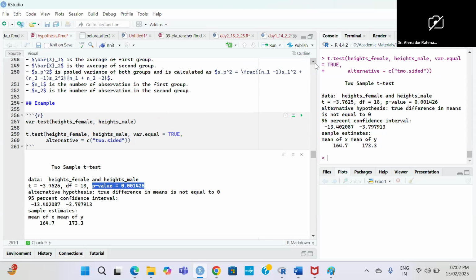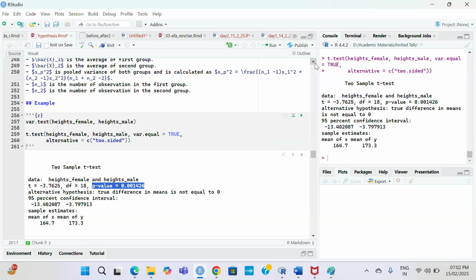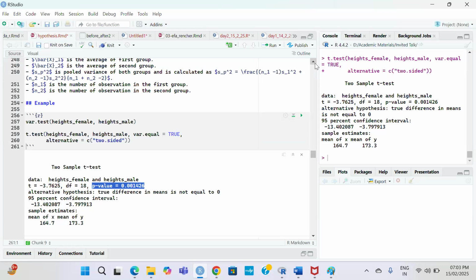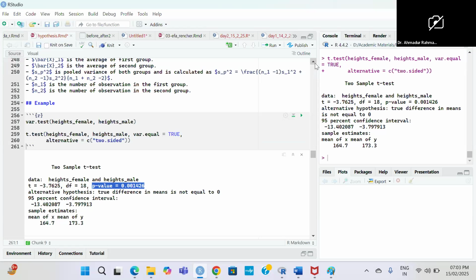Anyone? The p value is less than 0.05 actually. Yes, it is less than 0.05. Then what is the conclusion? So we should reject the null hypothesis. So what is the meaning of this? If we want to explain in terms of female height and male height, how do we say that?